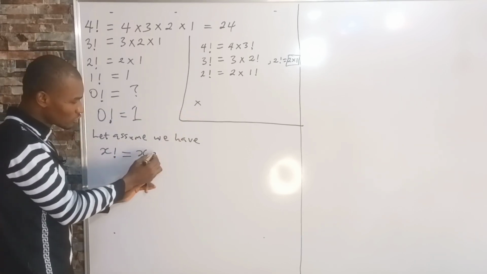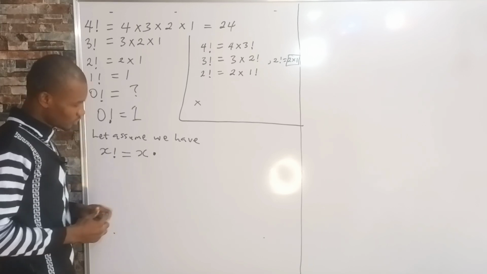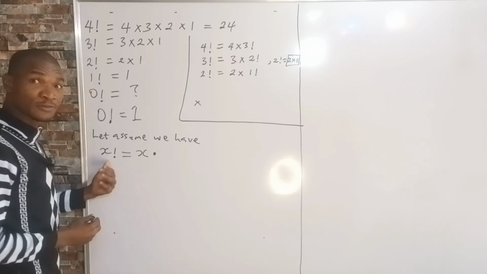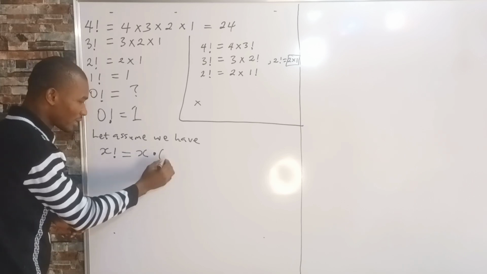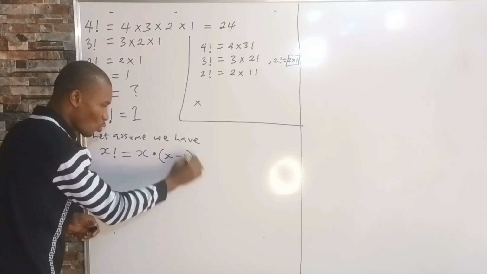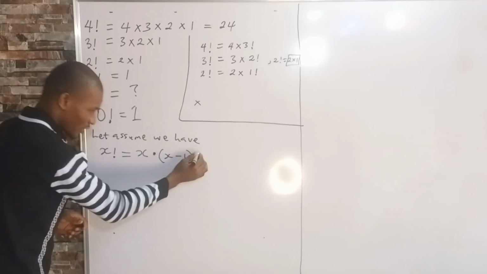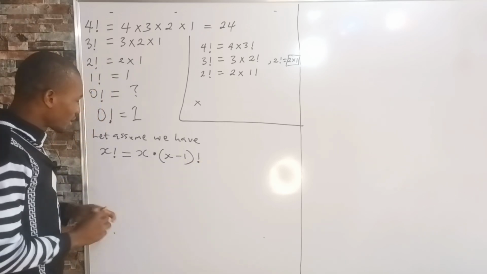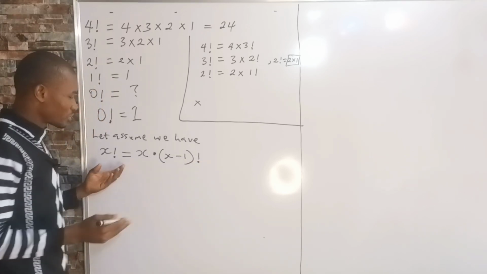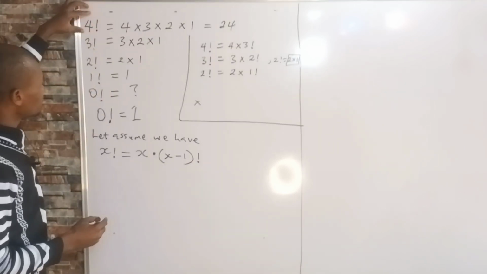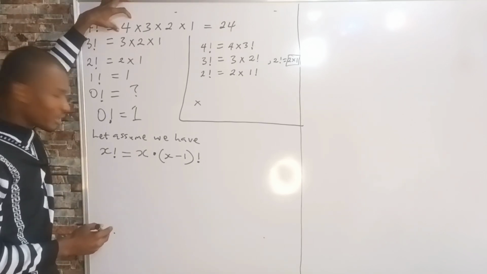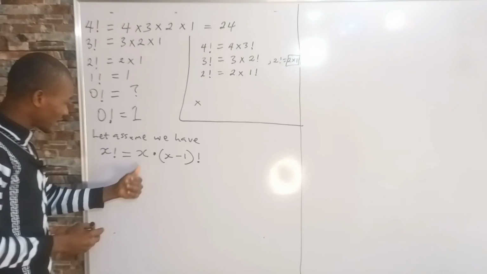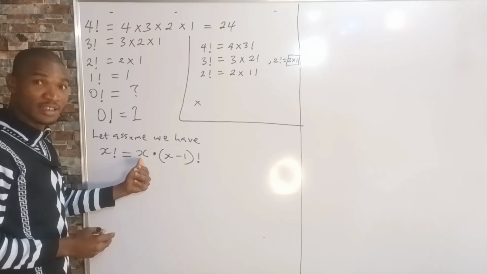So I'm going to use dot product for my multiplication here. If I have x factorial, it simply means x multiplied by (x minus 1) factorial. What actually happens here is very simple. Remember, I said that if you have 4 factorial, the 4 is going to be the first heading number. So if we have x factorial, the x is also going to be the first heading number.